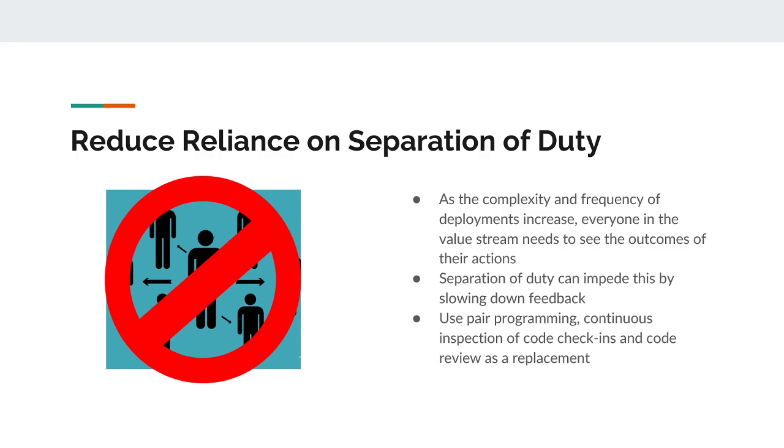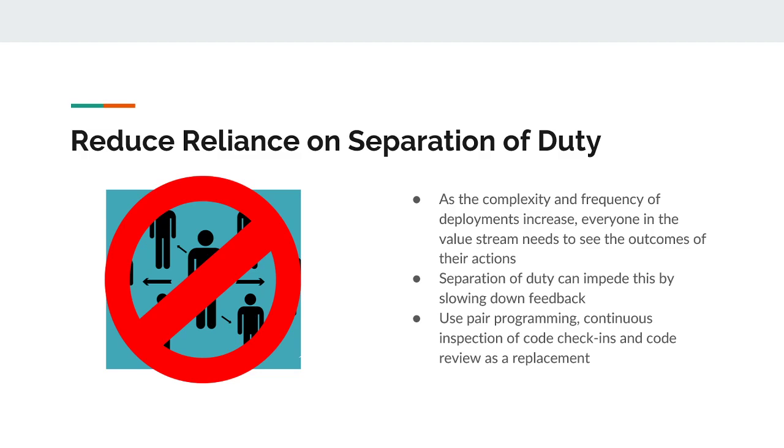There are other less conflicting areas where separation of duty is used, such as server admins being unable to delete or modify the logs they can see, with the effect of preventing the deletion of evidence of fraud or other things. When production deployments were less frequent, this is a fine way to go about things. However, as the complexity and deployment frequency only increases, this method is becoming quite dated.